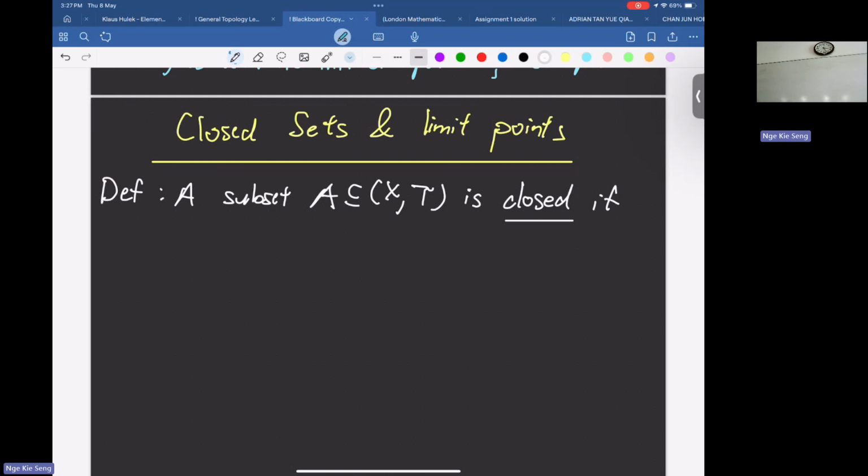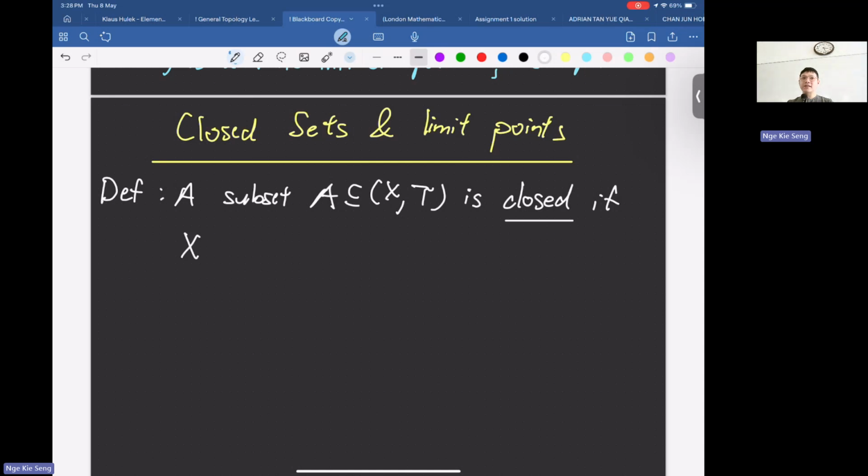A set is closed in what? Complement is open. What is the complement? Right, very good, A complement. Its outside is open. So in this case, where is the complement?